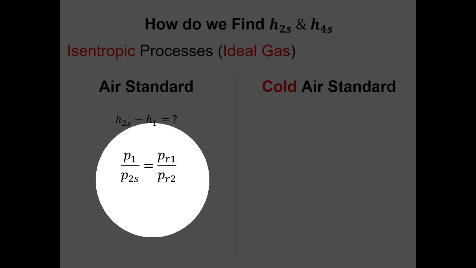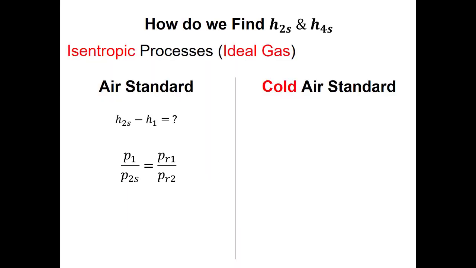Because for Brayton cycles, we're typically using open system processes, we'll use pressure ratios instead of the volume ratios we used for internal combustion engines. Typically, we'd be looking for the reduced pressure at the exit of the isentropic compressor or the isentropic turbine. We'd get that from table A22 as long as our working fluid was air.